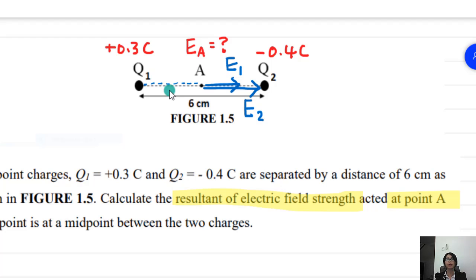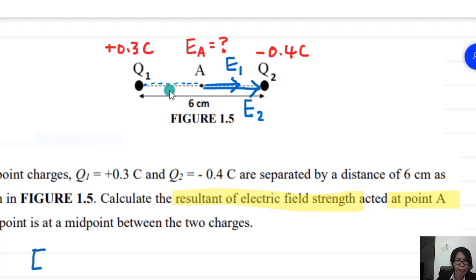So after we draw the electric field vectors, we can see obviously the electric field at point A is E1 and E2. Bear in mind, electric field is a vector quantity, so we have to add by considering direction.